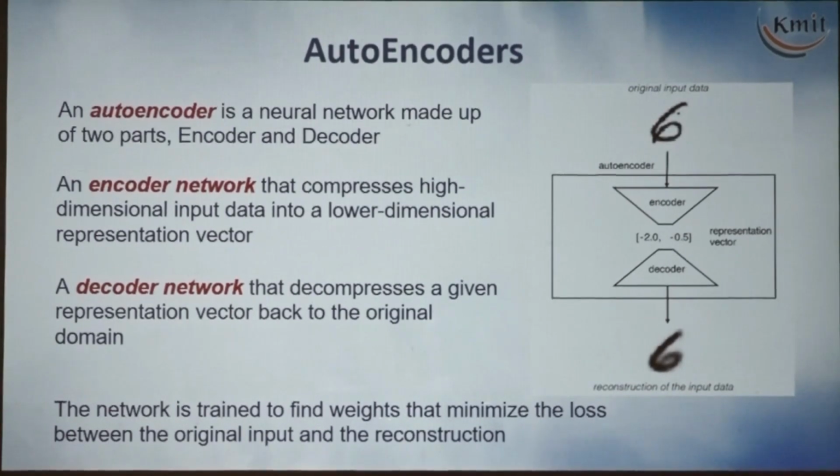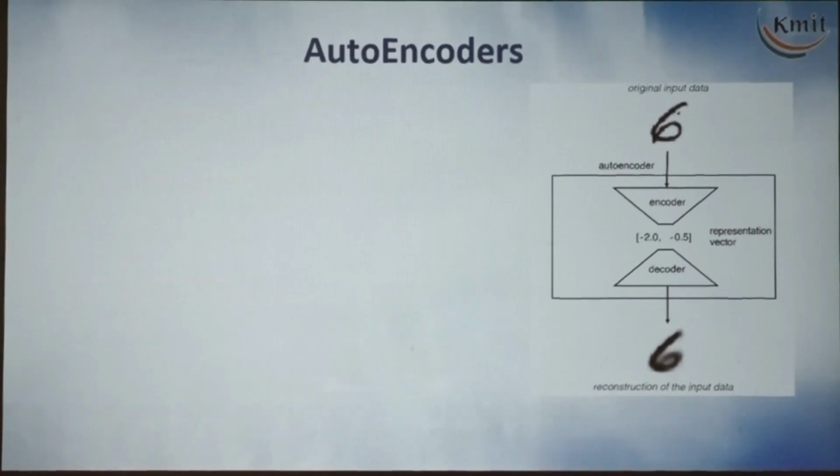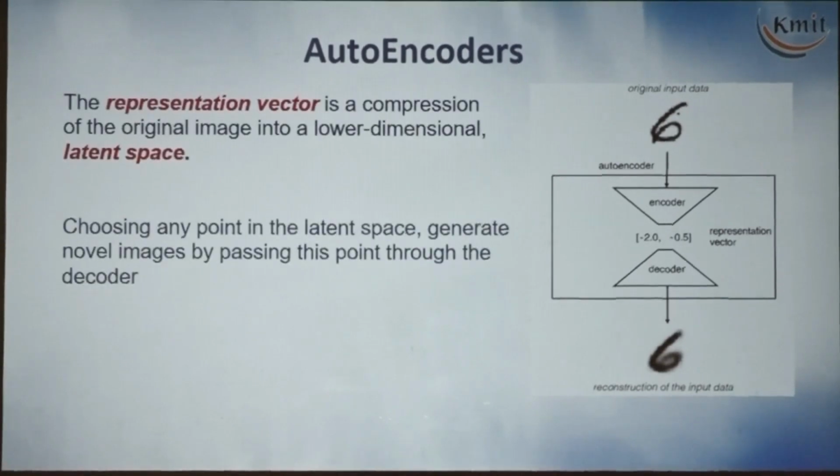See here, this is also called the representation vector. Whatever we are taking here, only two values, is called the representation vector or latent space. In the latent space, we can have the representation vector. Clear? Next.